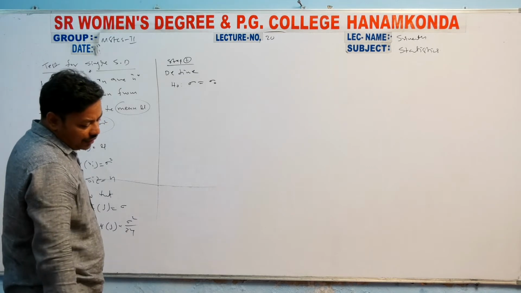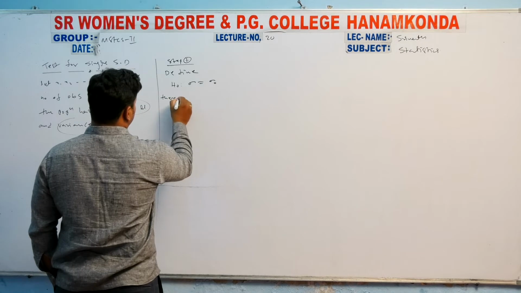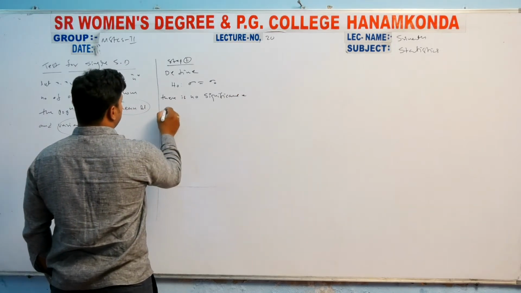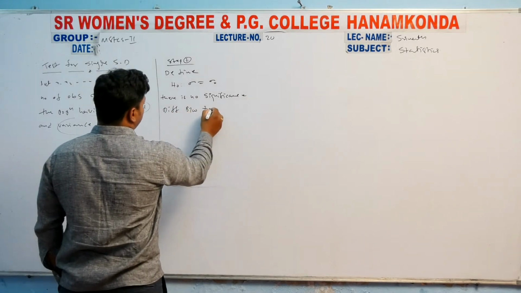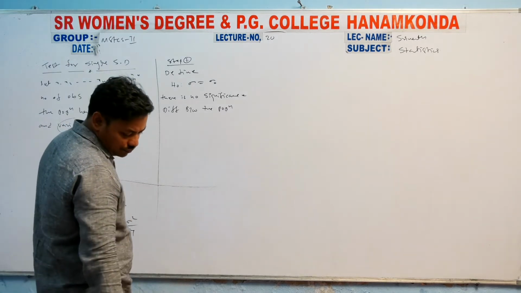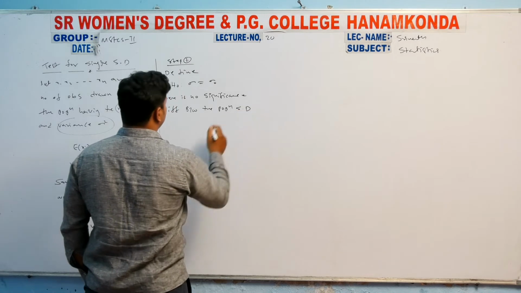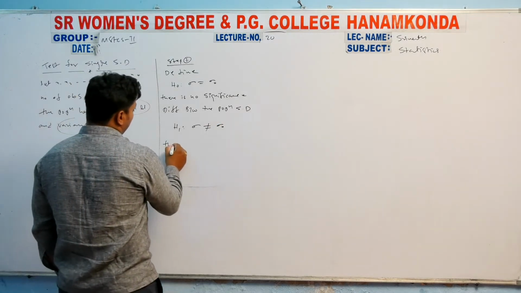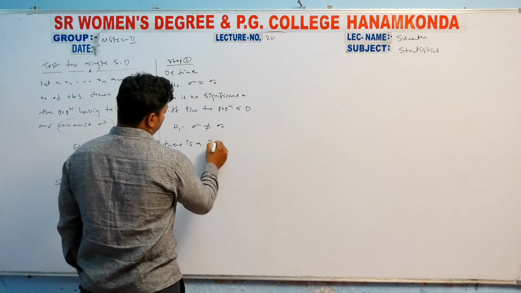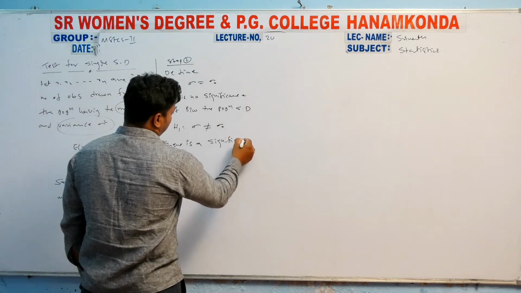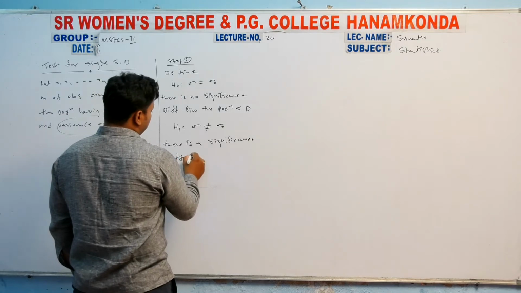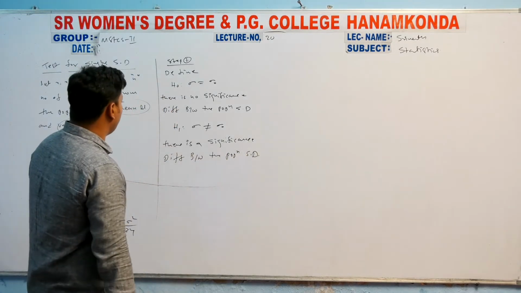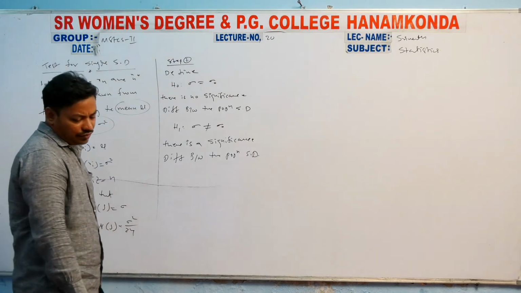That means there is no significant difference between the population standard deviation and sigma naught. And H1: sigma not equal to sigma naught, that is, there is a significant difference between the population standard deviation and sigma naught, for a single standard deviation.